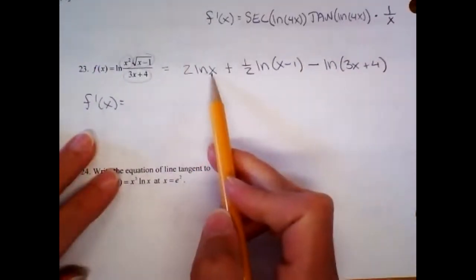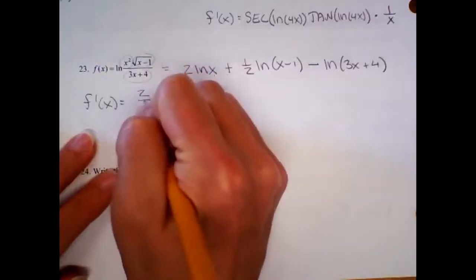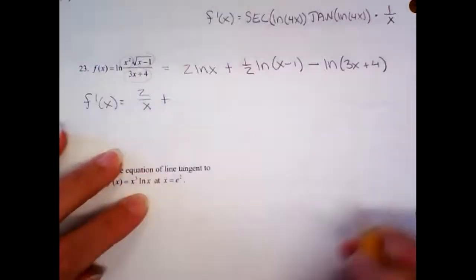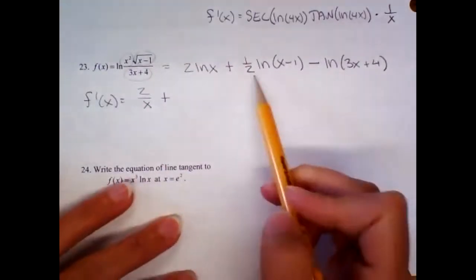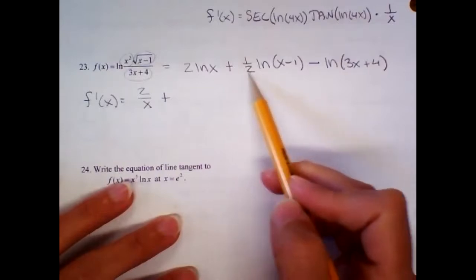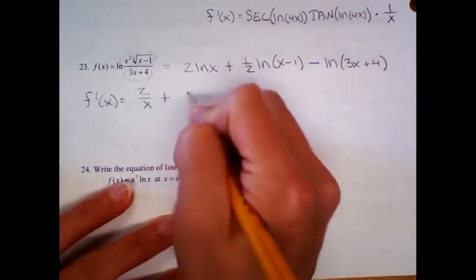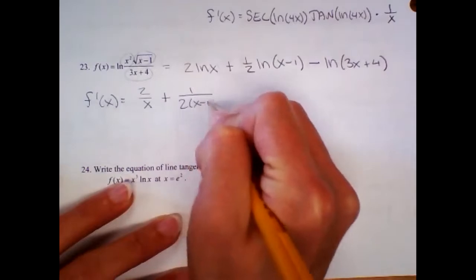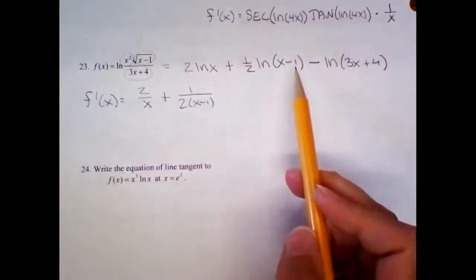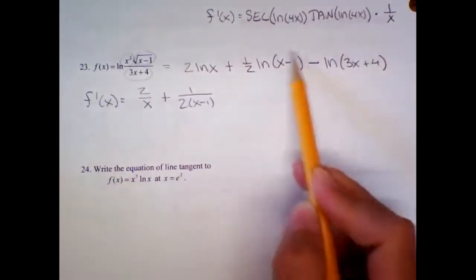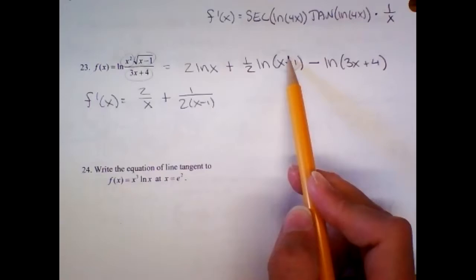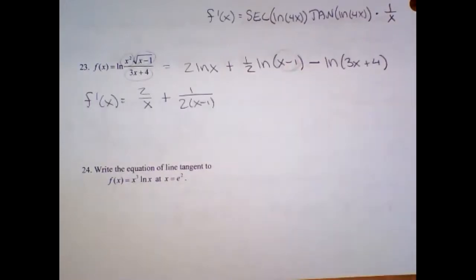So derivative of 2 ln of x, that'll just be 2 over x plus. All right, we've got that 1/2, so we have that 2 in the denominator. This would be 1 over x minus 1. Now there would be a chain rule there, but the derivative of the inside stuff is 1, so it happened, but you're not going to write anything.